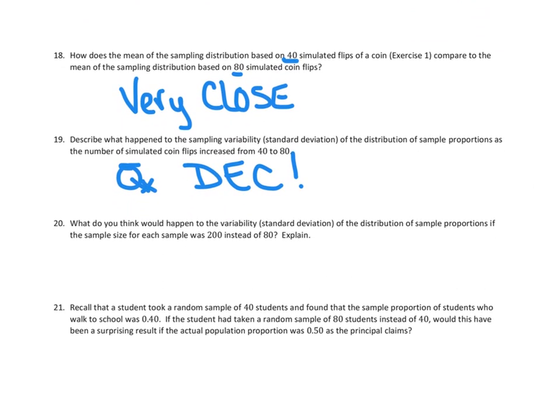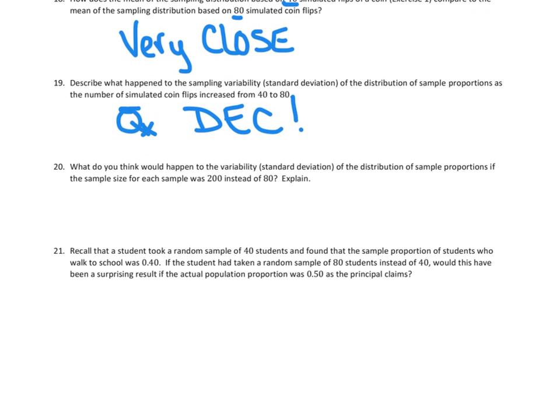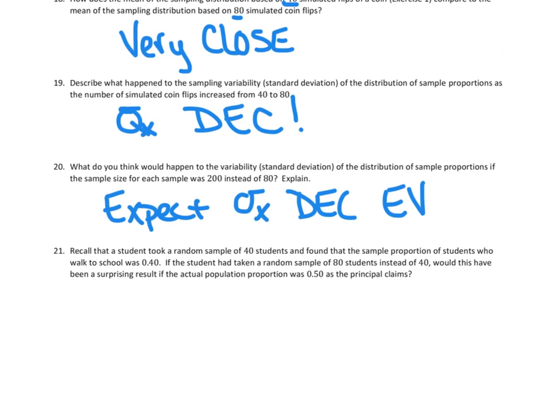Okay, now what do you think would happen to the variability if we increase the sample size to 200 instead of 80? I'd say we would expect that sample standard deviation to decrease even more. Maybe it was just 0.061. Maybe it would drop down to 0.04 something, into that ballpark.